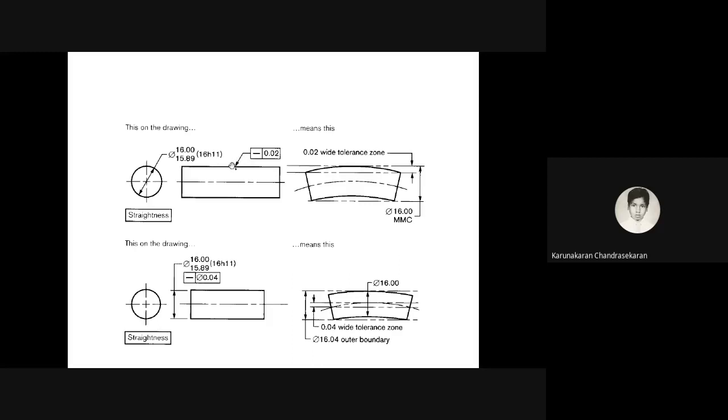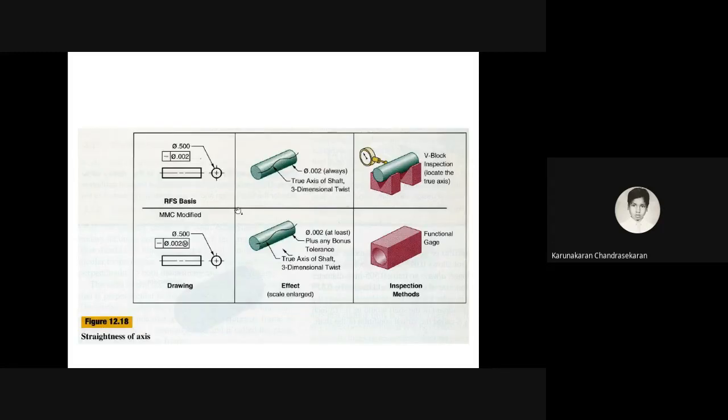This H denotes your hole size, and this 11 denotes the fitness of the components, which is not required right now. This is exclusively for mechanical components. We are concerned about this symbol representation, the symbol for straightness, and how much variation there is in the diameter. So again, the straightness axis.